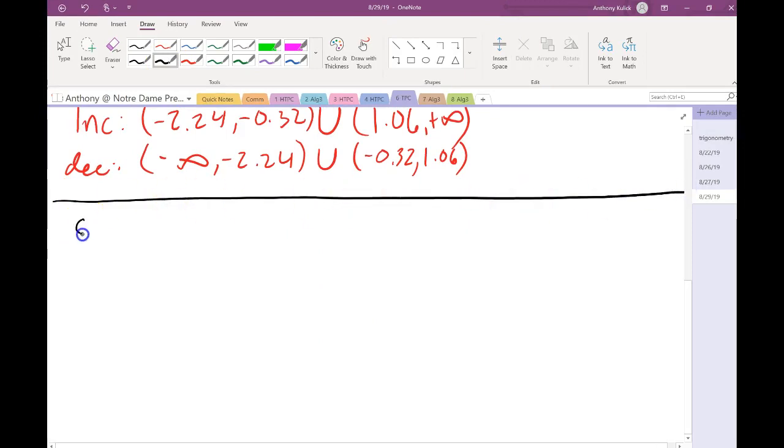We'll start talking now about section 5. So section 5 is about symmetry. And we really have 3 types of symmetry that we'll talk about here.